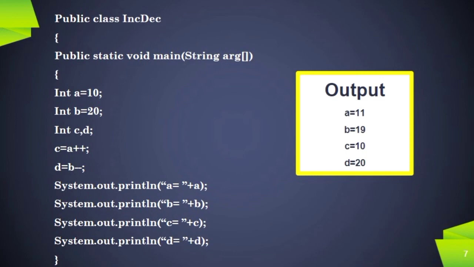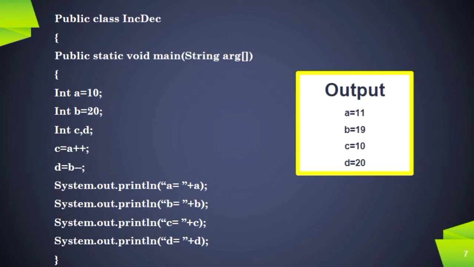So the output you can see is b is equal to 19. System.out.println c. C is equal to plus c. So what is plus c? Already it has been incremented once, so the second time the value stays constant. So c becomes 10. The last one, system.out.println d is equal to d.